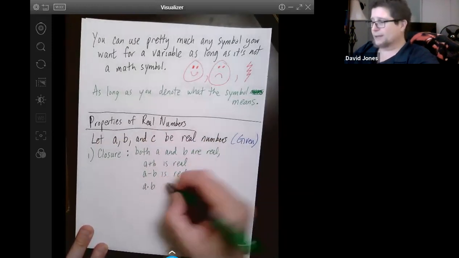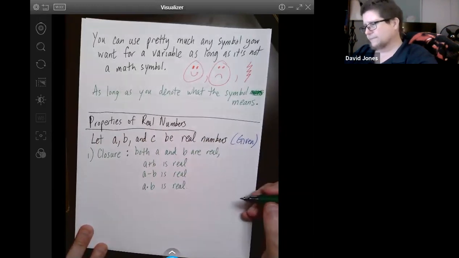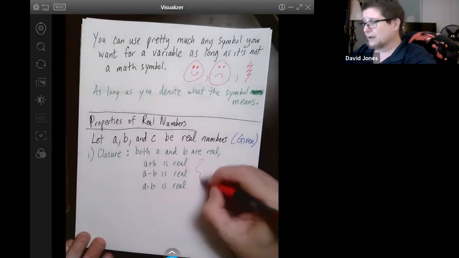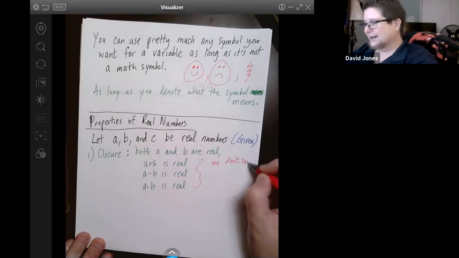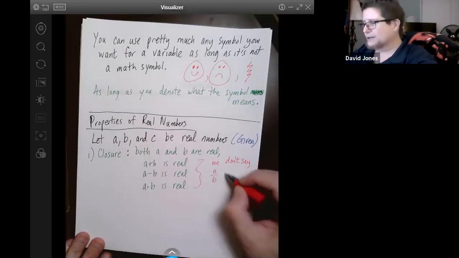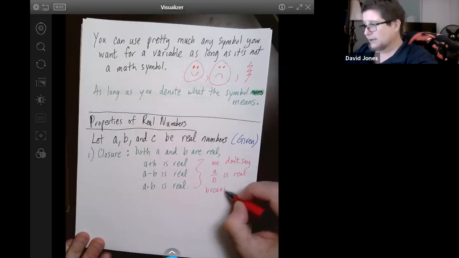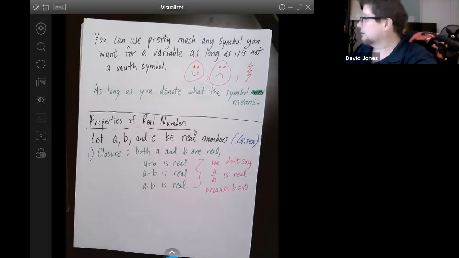A times B is real. We're missing one, right? I did plus, minus, multiply. We don't say A divided by B is real because B can equal 0. And we know we can't divide by 0. That's a general rule.